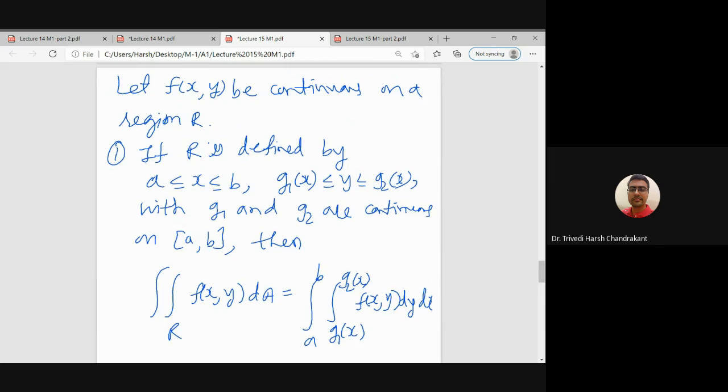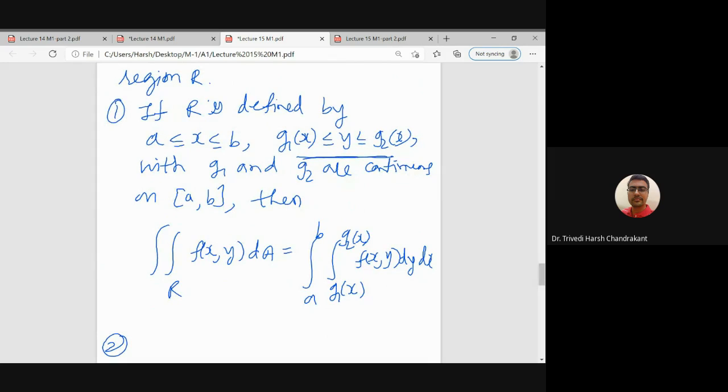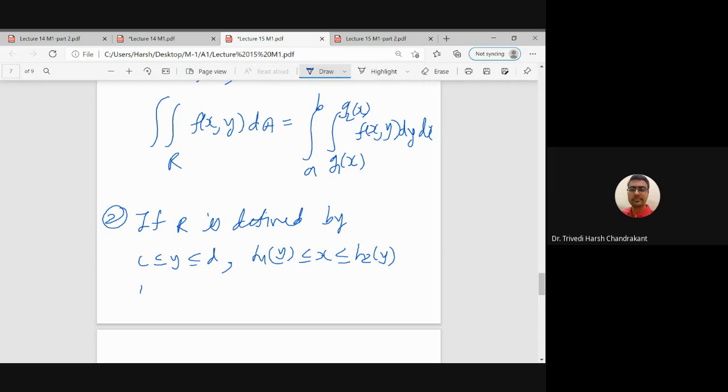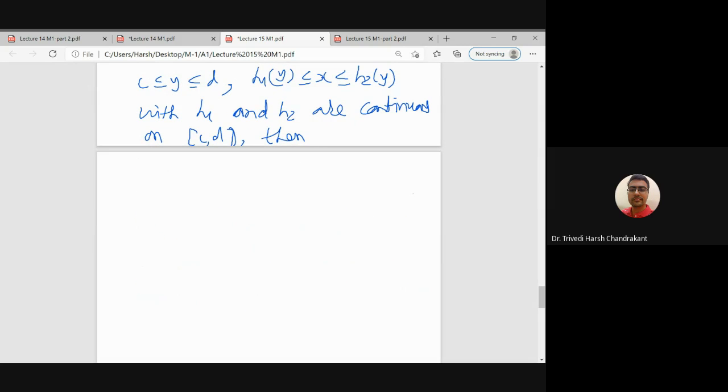On the other hand, we have the region which is between x as a function of y, right? If we have x as a function of y, where h1 and h2 are continuous functions on the interval [c,d], then we can write this double integral as c to d, h1(y) to h2(y).